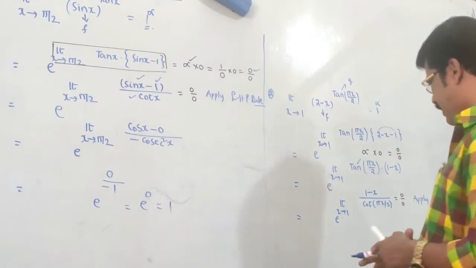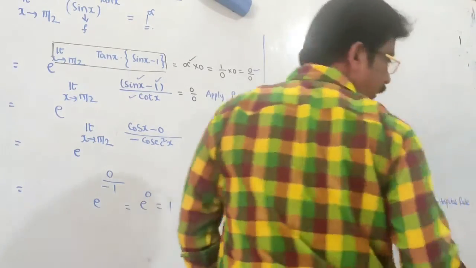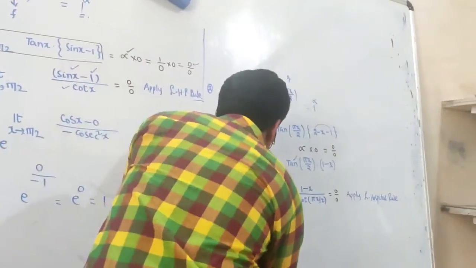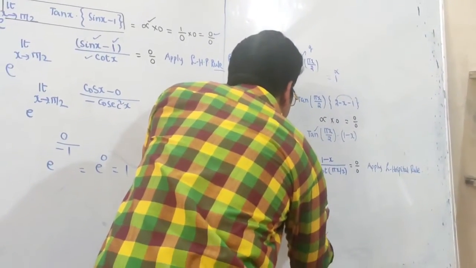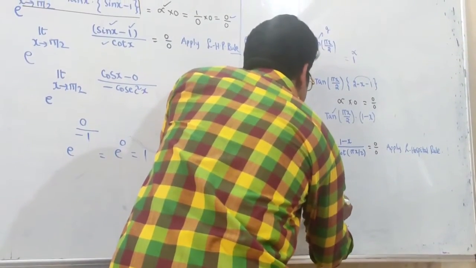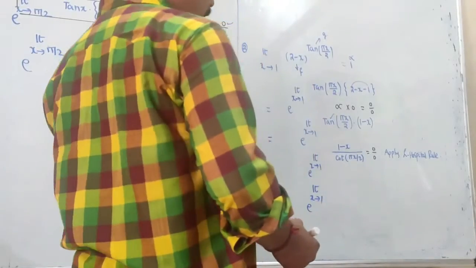Okay. Next, so that is equal to e power limit x tends to 1.